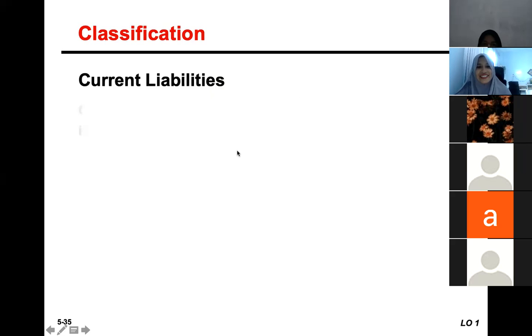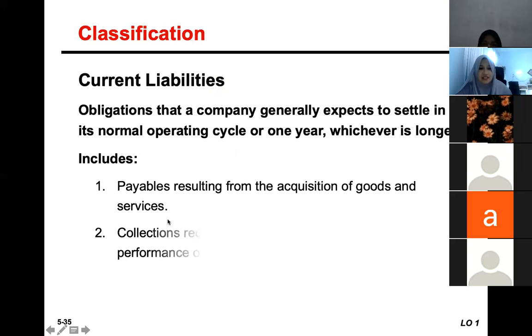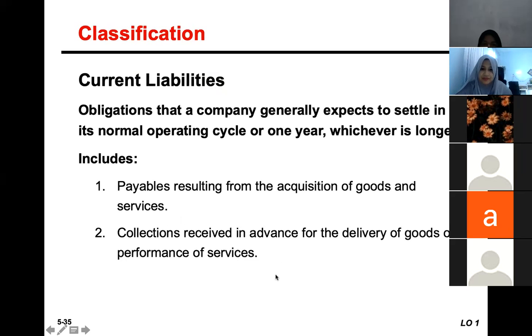Okay, current liabilities are those due within 1 year, or the normal operating cycle, whichever is longer. But the normal operating cycle is also normally 1 year. Examples are accounts payable, or collections received in advance for delivery, unearned revenue.